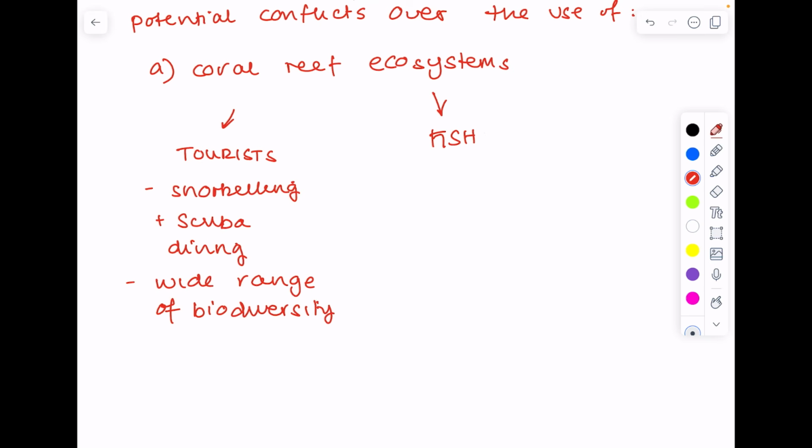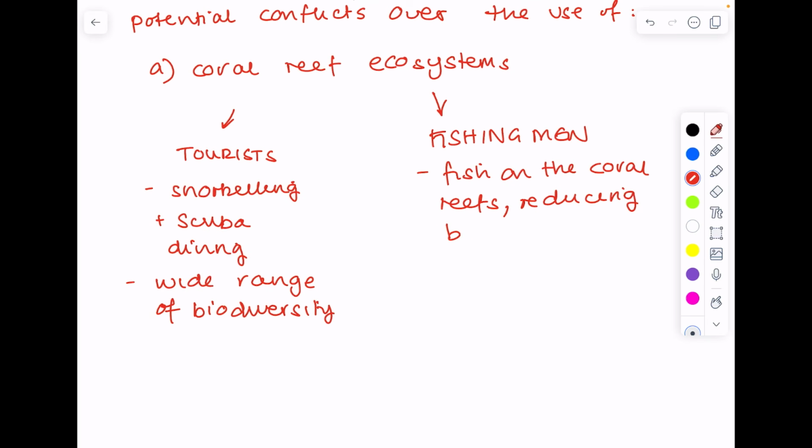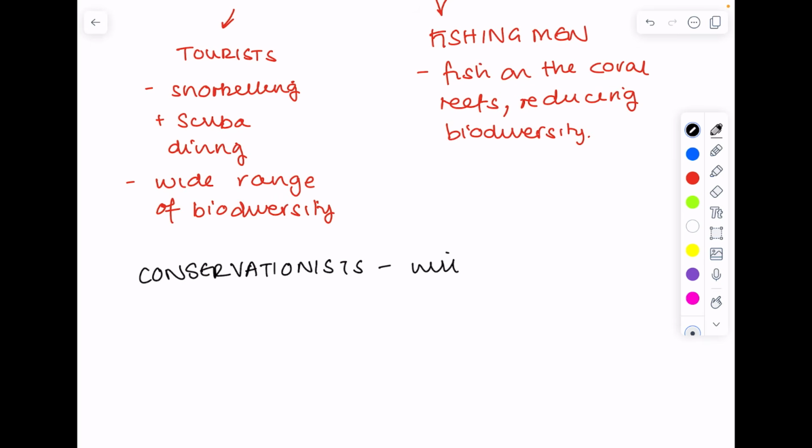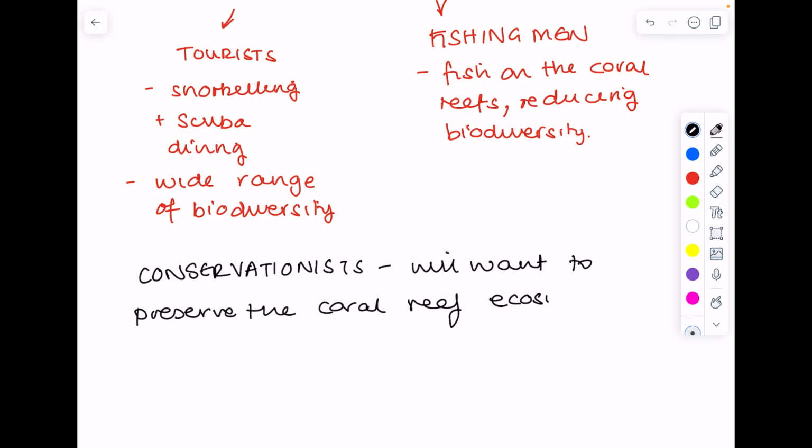Then you've got fishermen, who will want to fish on the coral reefs, reducing biodiversity, causing potential damage. So a major source of conflict here is obviously going to be that the conservationists will want to preserve the coral reef, which is likely to conflict with the interests of the tourists and the fishermen who want to use it as a resource.